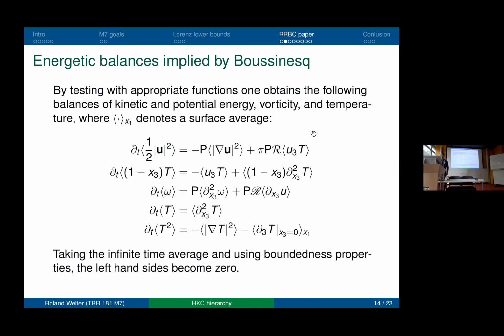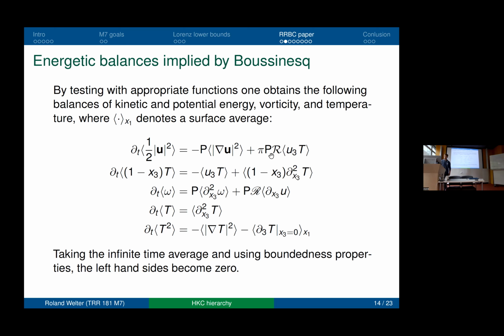And here is where maybe the ethos of the TRR comes in. So if you analyze the PDE, you can do some kind of calculus to determine that the PDE implies these energetic balances.